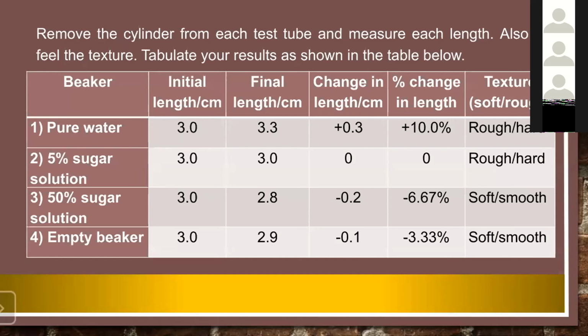For 50%, it is negative 6.67. For the empty beaker, it is negative 3.33. The negatives tell you that it is loss, while the positive ones indicate there is a gain or an increase in the length of the tissue. Negatives mean there is a decrease in the length of the tissue.